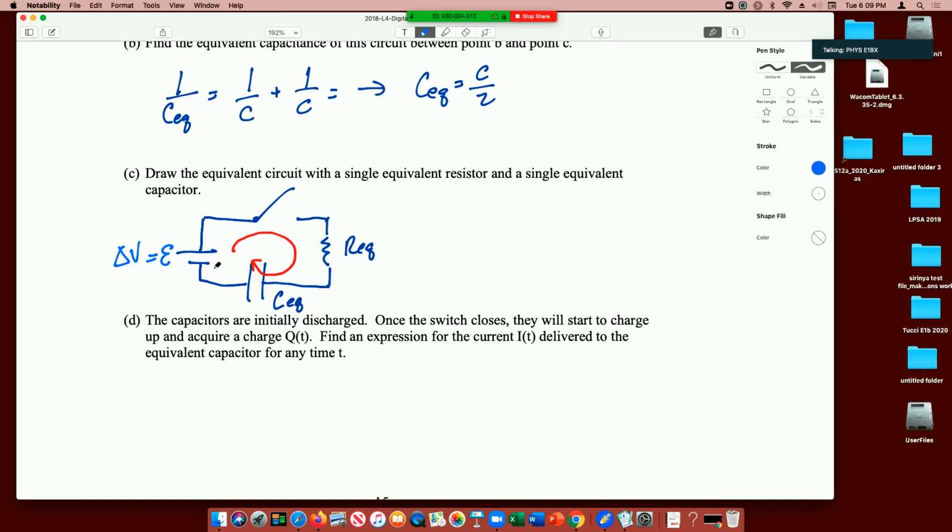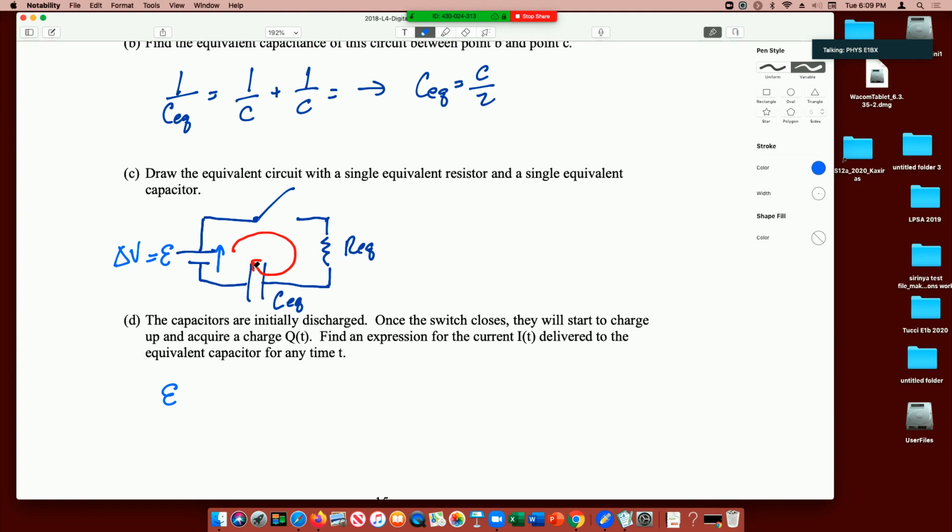So I'm going to go this way, from here to here. It's just going to be E, because that's the convention: if I go from low voltage to high voltage of the battery, it's positive E. And I'm assuming that this switch is closed, because that's the only way that this red loop is possible.